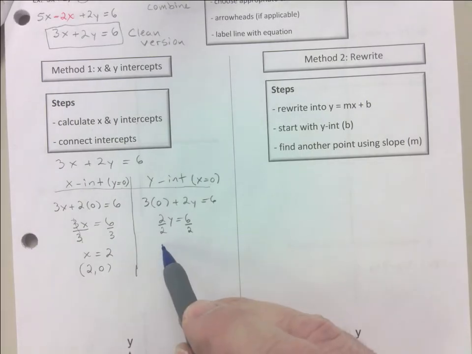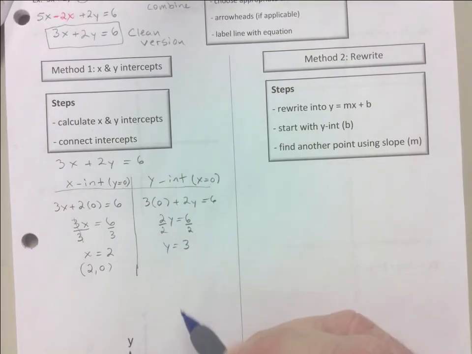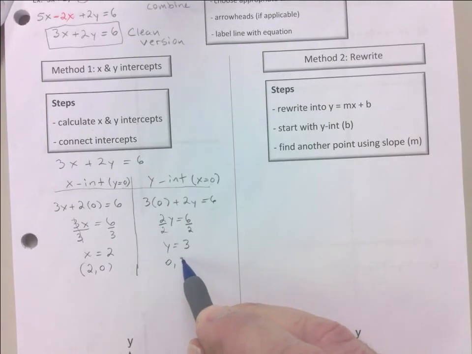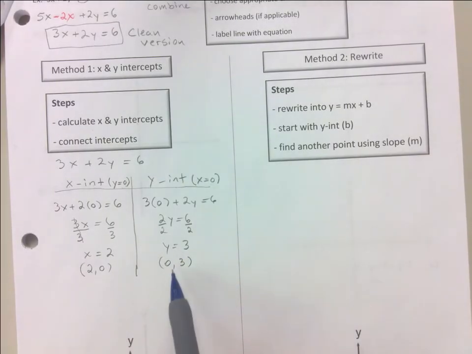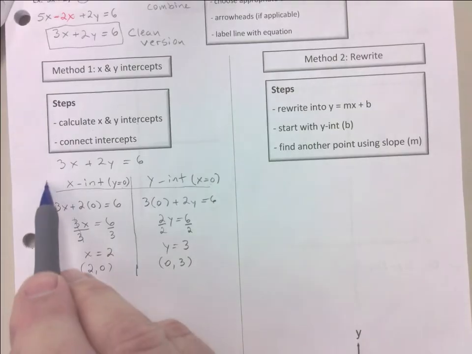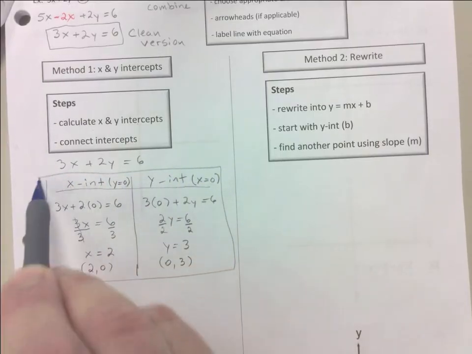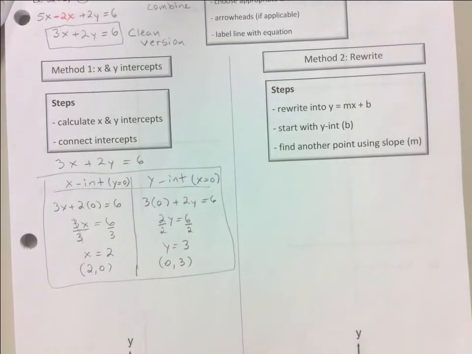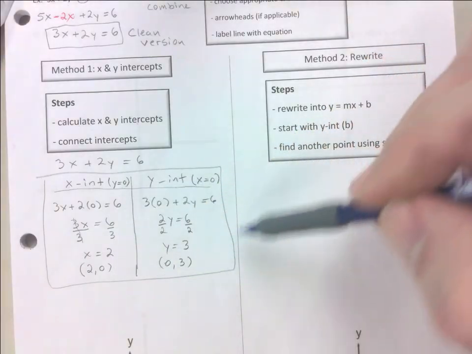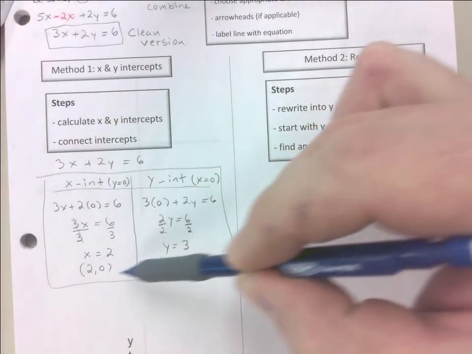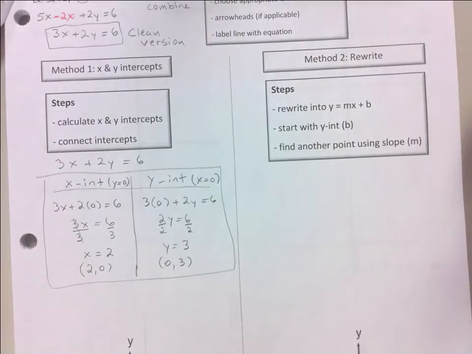We will have decimals. So y is equal to 3, and your y-intercept is (0, 3). This is what I would like you to do, because we will be graphing like 2 or 3 lines at the same time. So it's nice to have it boxed in, and you know these are the intercepts for this particular line.